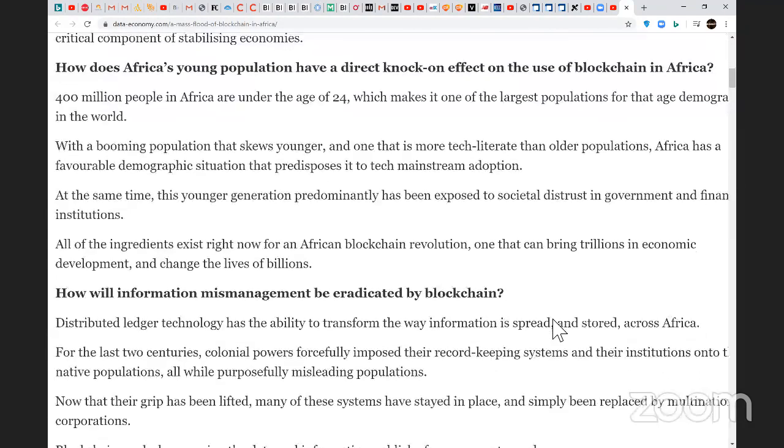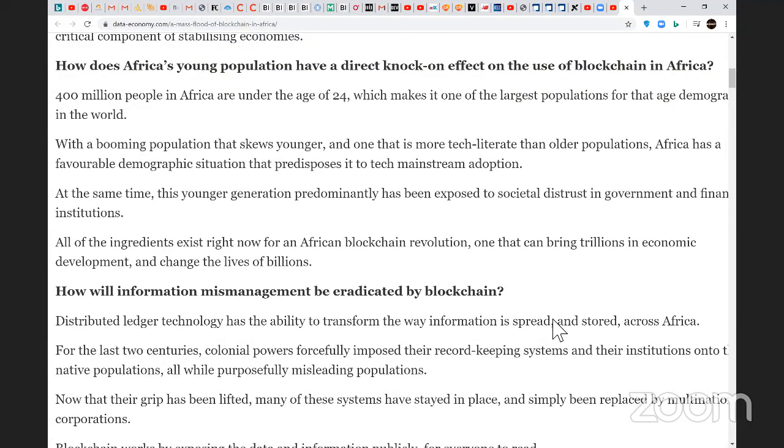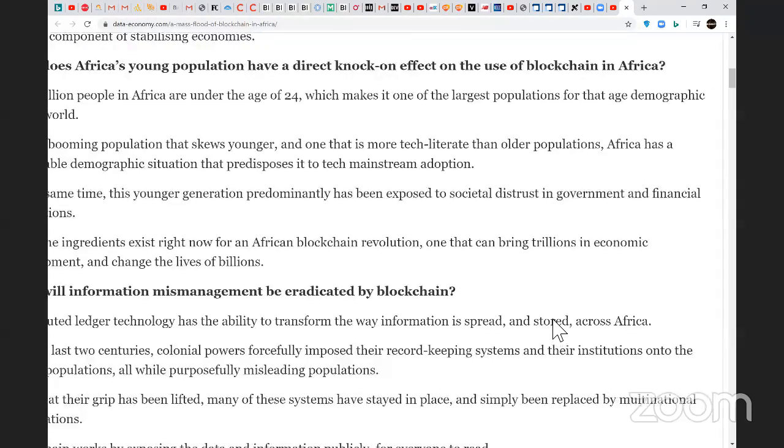stabilizing economies. How does Africa's young population have a direct knock-on effect on the use of blockchain in Africa? 400 million people in Africa are under the age of 24, which makes it one of the largest populations for that age demographic.